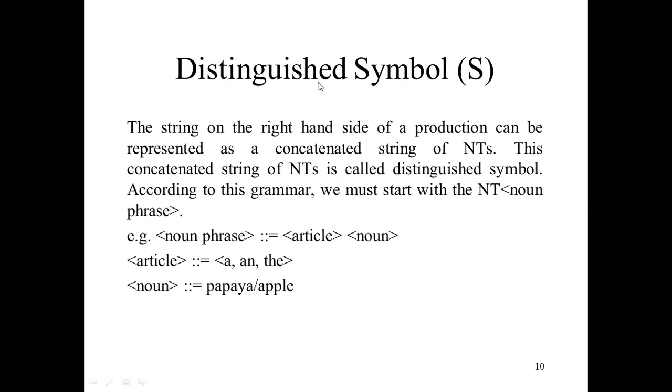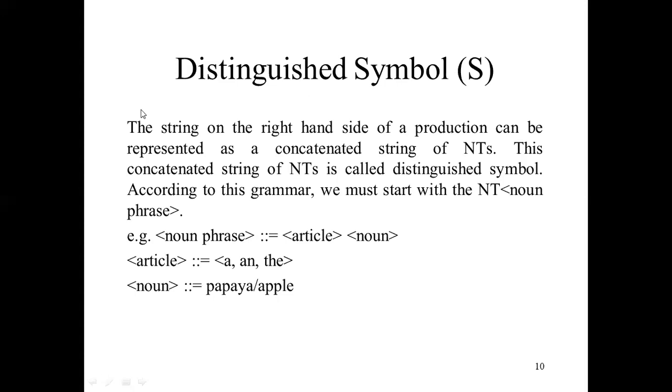So in the context of compiler design grammar, I am telling you simple English grammar. So I am considering only a very simple example. Noun phrase is equivalent to article noun, article a, maybe an, maybe the, noun as per need. You can write anything, so papaya or table, apple, we can consider anything.